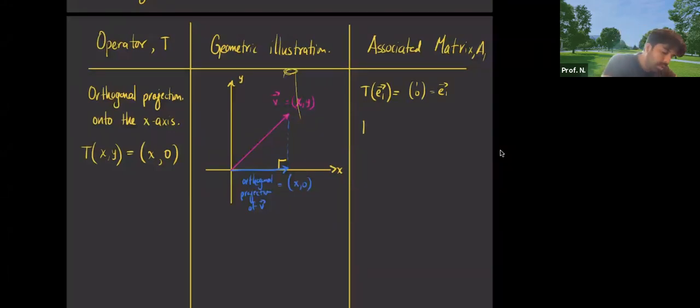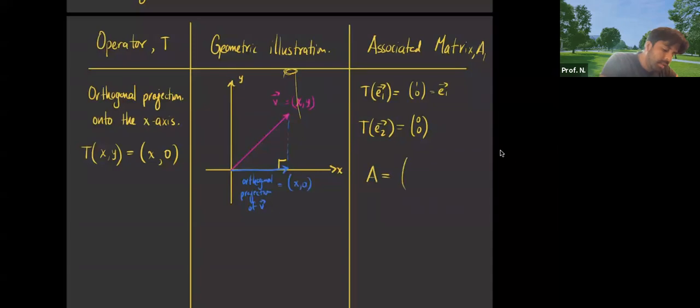Now what happens when I do E2? And I project this vector onto the x-axis, right? It becomes nothing. It shrinks into a little point because there is no horizontal component to it. So this becomes 0, 0. So then what is the associated matrix of this operator?